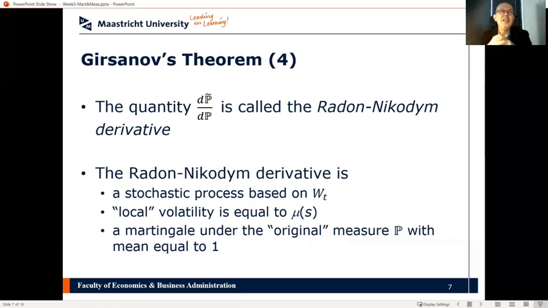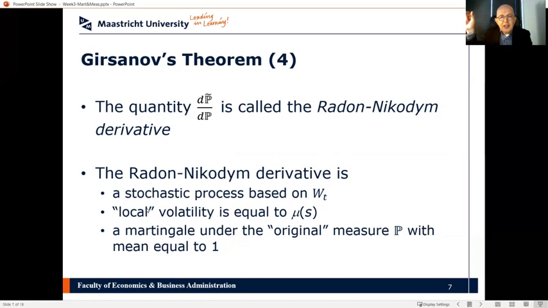But we can go in the other direction as well. If you give me a stochastic process that is strictly positive and has mean equal to 1, it is therefore a valid likelihood ratio change process, and I can use that process to compute the implied change of drift of the Brownian motion. The Radon-Nikodym process itself is a stochastic process based on the Brownian motion.